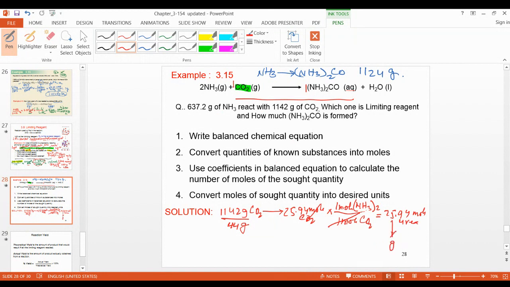Multiply by what? This is multiplied by molar mass of urea.